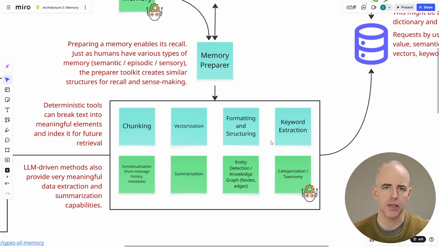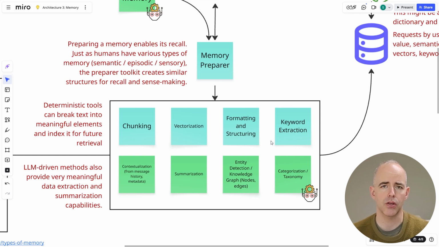The second is vectorization, so you're going to use a vector search algorithm to essentially transform that content in a way that enables its retrieval later. You can format and structure that content, so you can build a reliable structure. So you could take unstructured text and you could put it into a structured format. That would make it easy to search, for example, in a database. And then, of course, you can also extract keywords if it is a text-based interaction.